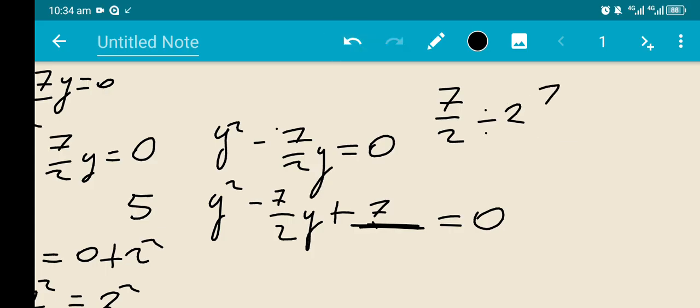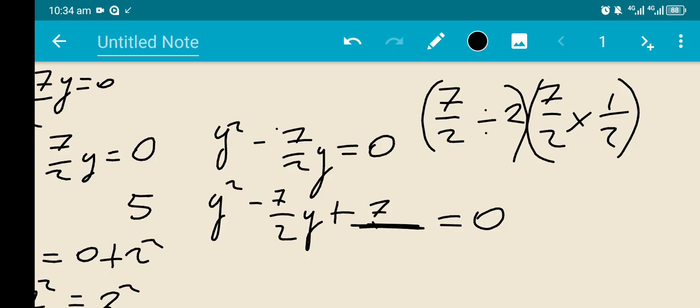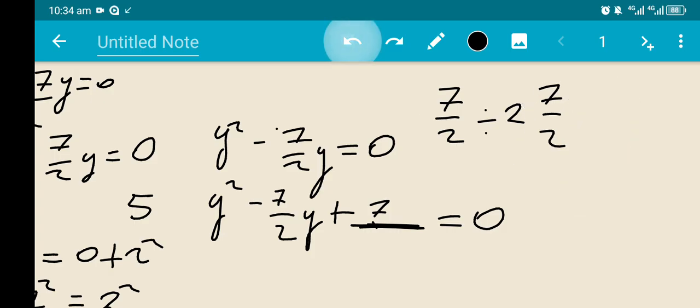So this will be 7 over 2 times 1 over 2. When we multiply 7 times 1, that's 7, and 2 times 2 is 4. So half of 7 over 2, or half of what's in the middle, is 7 over 4. So let's put that 7 over 4 in our blank space right there.